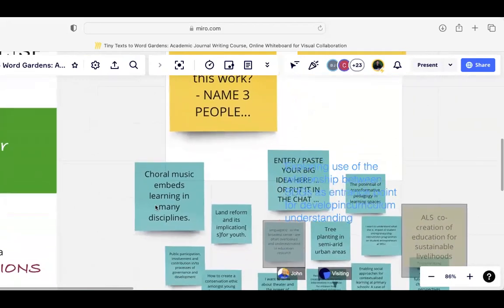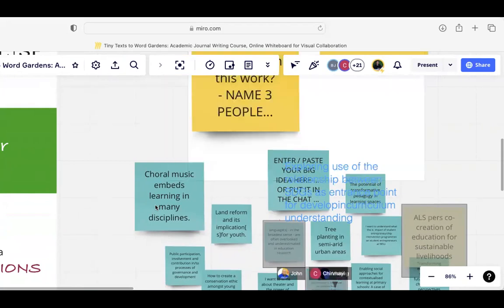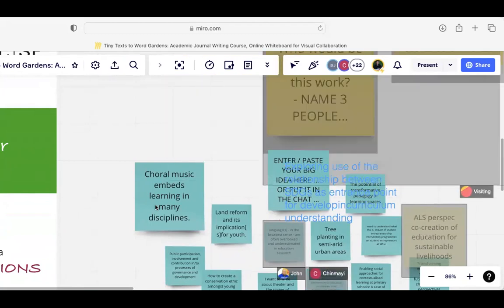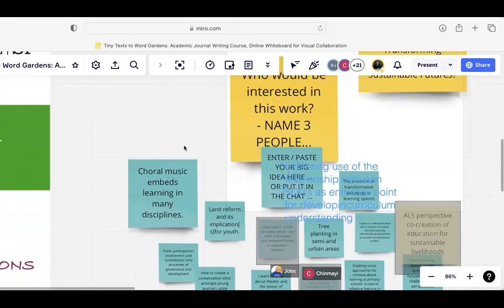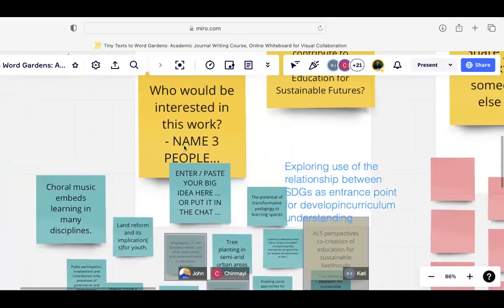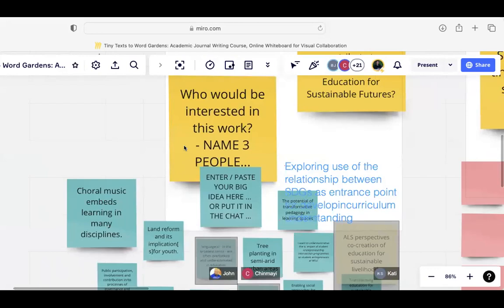Choral music embeds learning in many disciplines. Well, why is that important? Land reform and its implications for youth. Why is that important? And how does it contribute to transforming education for sustainable futures? Guys, if you're moving things on the mirror board by accident, just move them back with a Control Z, as Priya said.